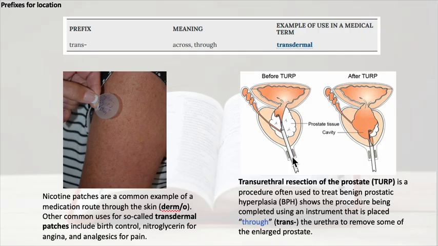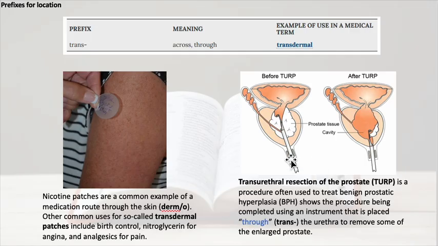So in the case of benign prostatic hyperplasia, it's not cancerous cells, but there are an increase in the number of cells. Cells are being produced in excess. And that, with aging, particularly in men, is associated with an enlarged prostate. Now, this procedure happens through the urethra, and that's why it's called transurethral resection of the prostate.